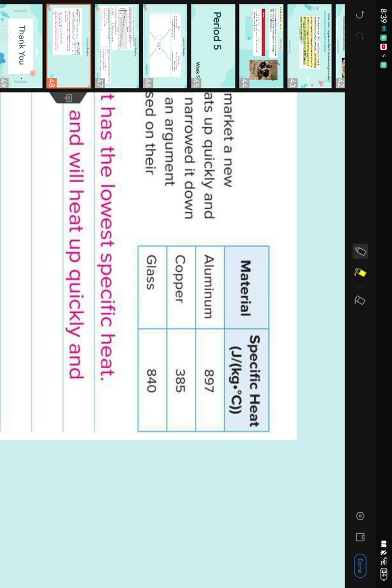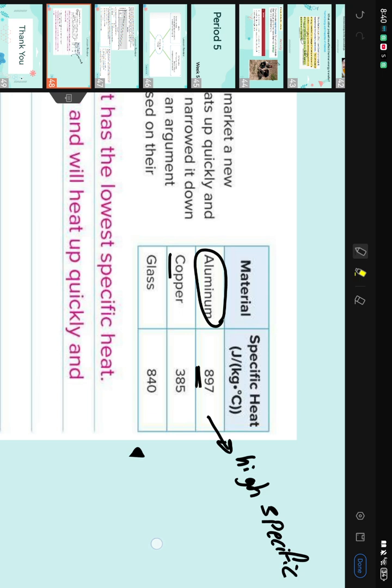Firstly, you have to determine which one has the highest specific heat. We can see this one, aluminium, has the highest specific heat, but copper has the lowest one.